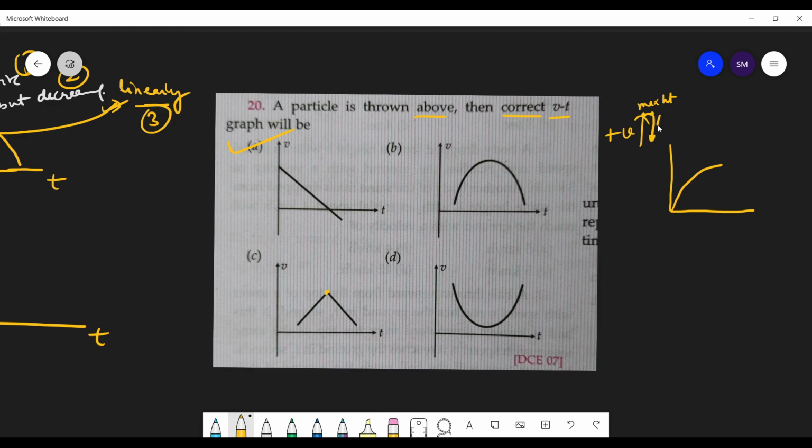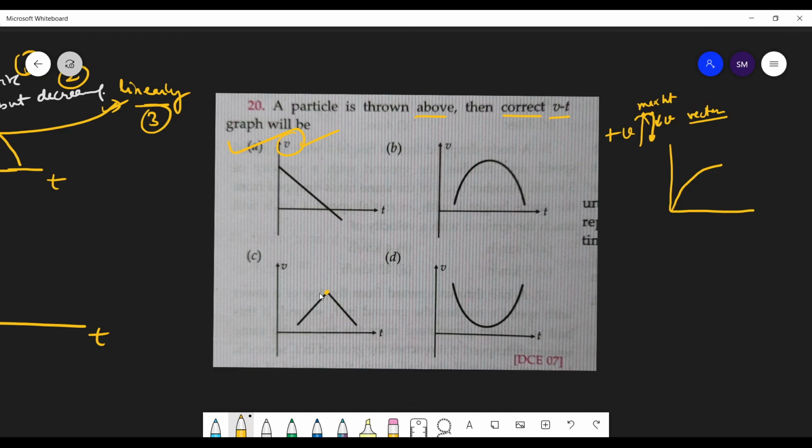So from this time the velocity will be negative, as velocity is a vector quantity. Sir, I was saying option A. Yes, it's option A. Unless and until it is told that it is speed and distance, by default you will take v as velocity.